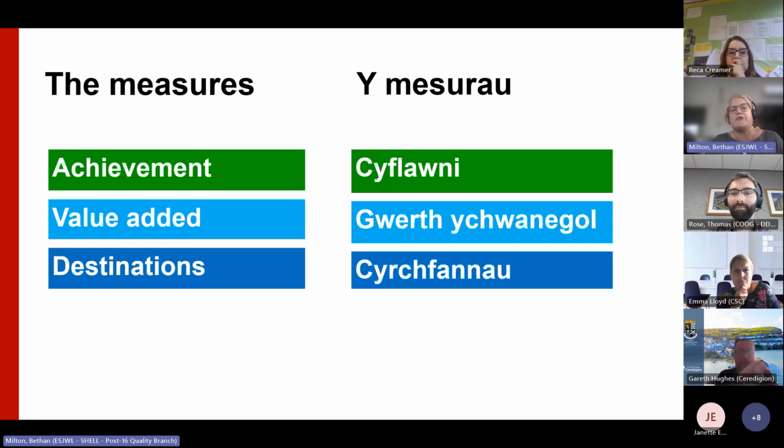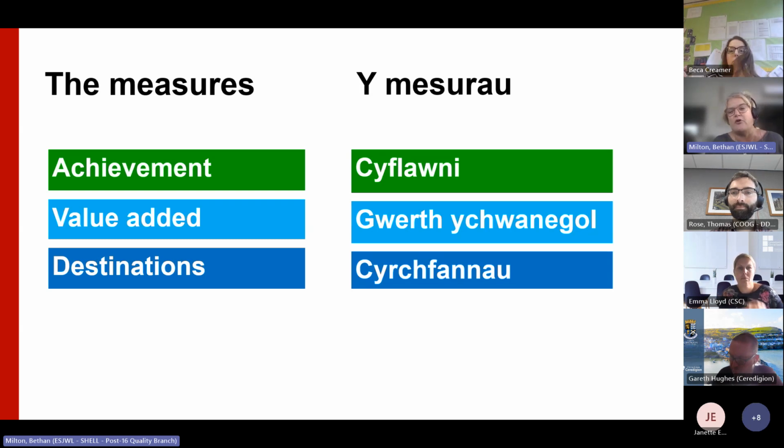As a reminder, the three measures that we have are achievement, which looks at the programmes for Welsh Baccalaureate, AS and vocational programmes, and looks at both retention and achievement as well. Then we've got value added, which looks at what learners achieve over and above what's expected of them based on their prior attainment and other characteristics.